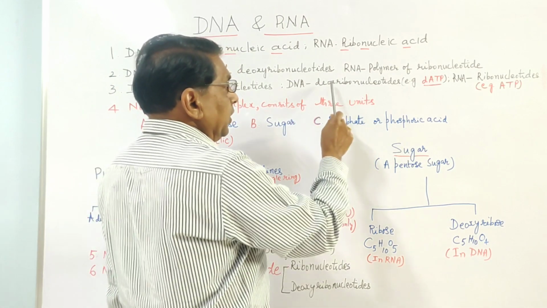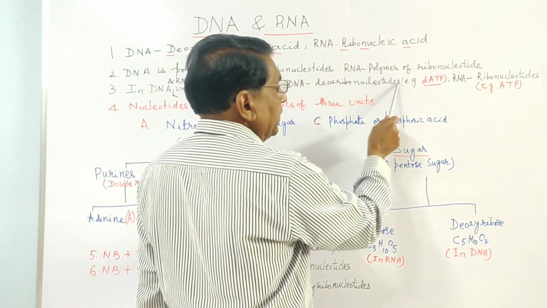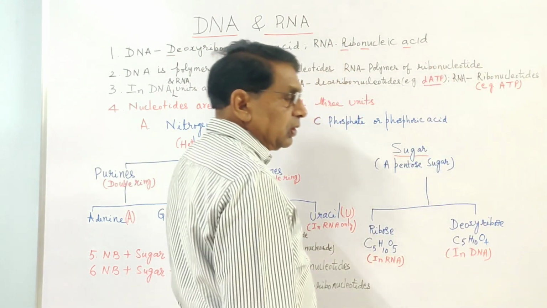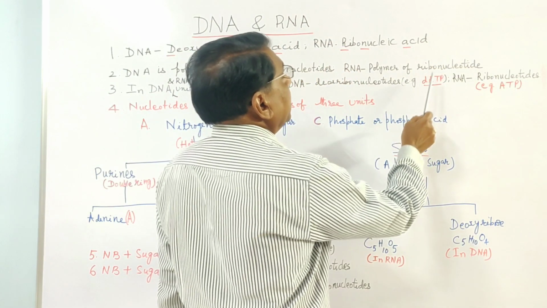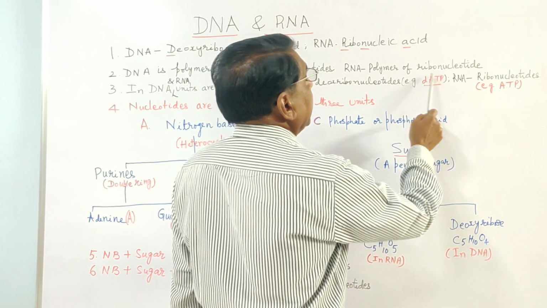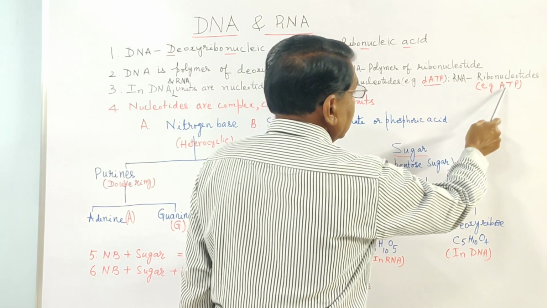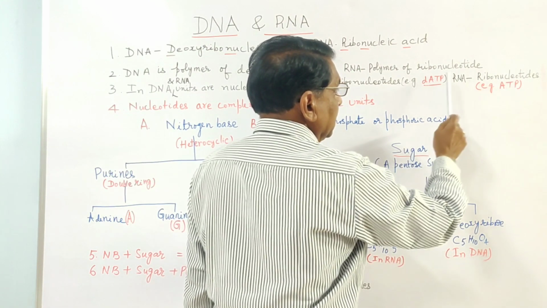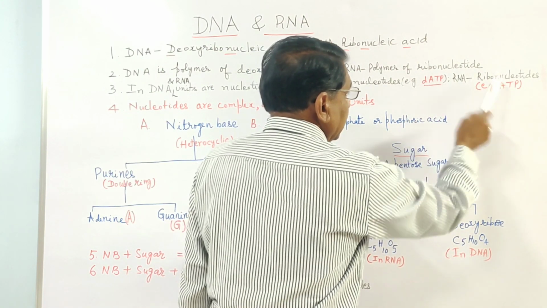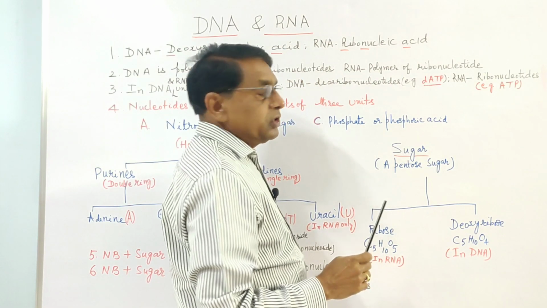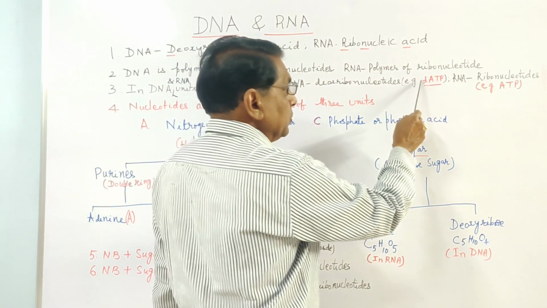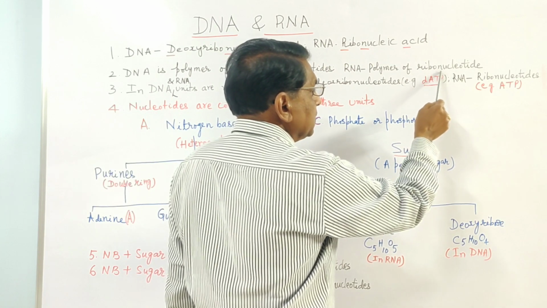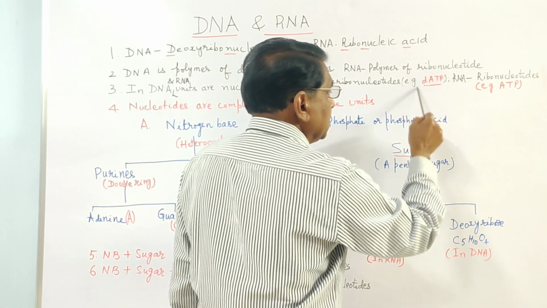Here, deoxyribonucleotides. Suppose one deoxyribonucleotide is ATP. In ribonucleotides, it is also ATP. So, this ATP may be present in DNA or RNA. In order to differentiate, we use the prefix D. dATP means this ATP is present in DNA.